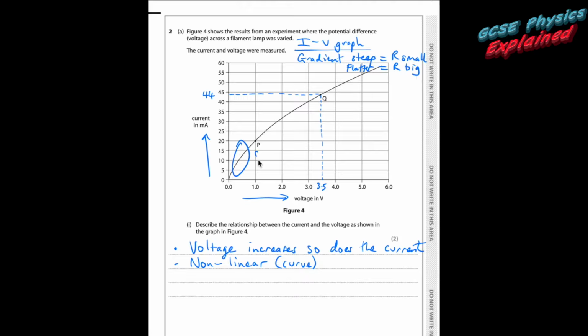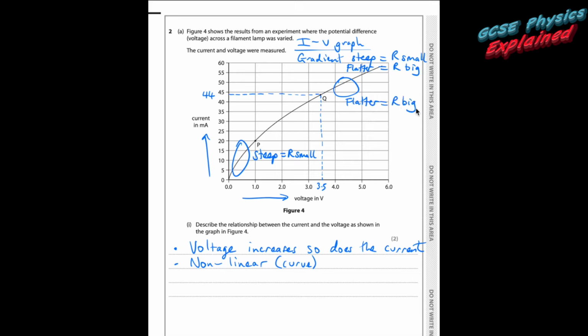So the gradient is steep here, so that means the resistance is small, and the gradient is flatter here, which means the resistance is big.